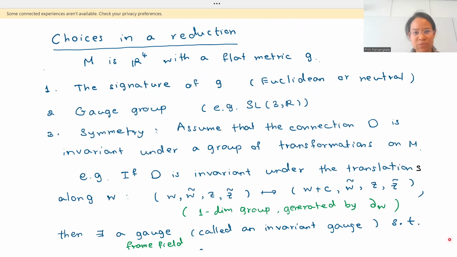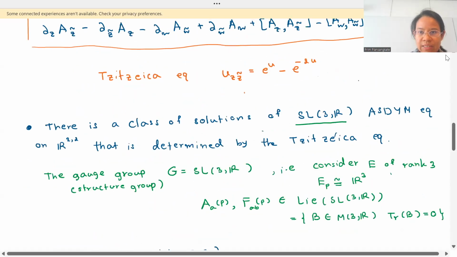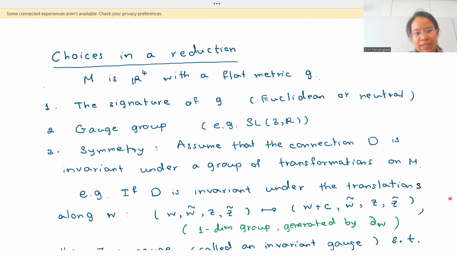Then to specify the reduction, first we should say the signature of the flat metric, whether it is Euclidean or neutral. In the example above, we chose neutral signature, so it's on R22. And then we should specify the gauge group, which in the above example is SL3R. And then the important condition that we should specify is about symmetry. What do I mean by this?